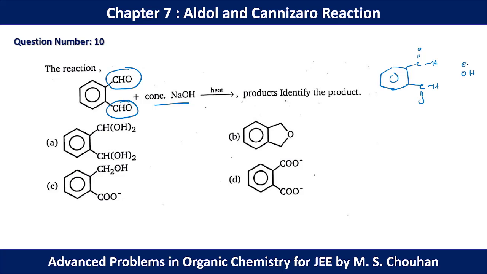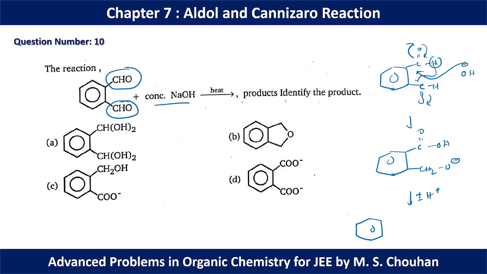The OH minus will approach this carbon, this will open, this will again come down, this hydride will migrate, and we are going to form this kind of situation. OH, CH2O minus, then one proton exchange will take place and this is going to be the final product. Okay, so for question number 10, option C should be the correct option.